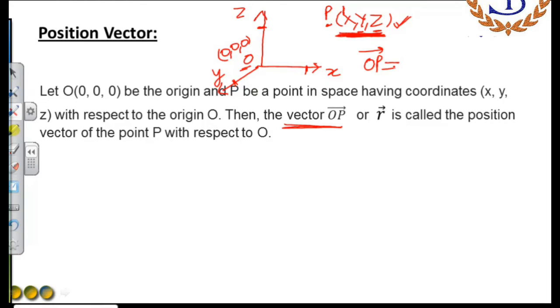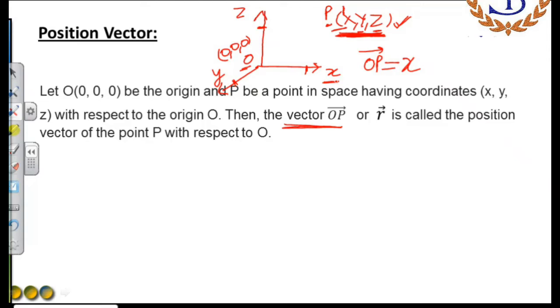Now in vector, what I know is that there are two particular things. One is magnitude and another one is the direction. So what is the direction of this x coordinate? Magnitude is x, but I don't know the direction. Yes, direction is on x-axis.